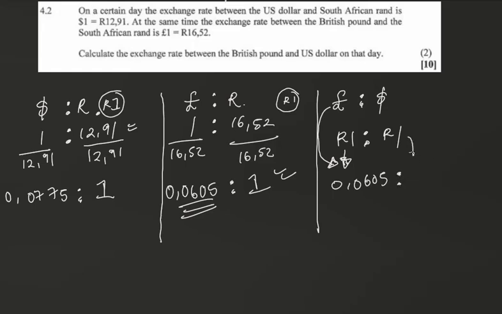And then 1 rand in terms of the dollar, how much is that? 0.0775, right?